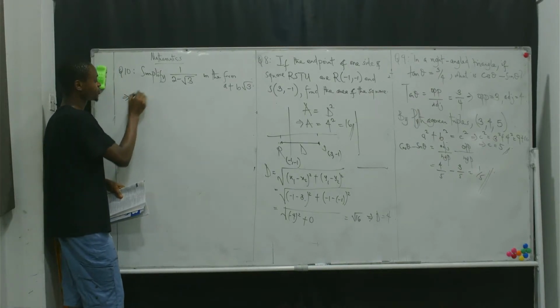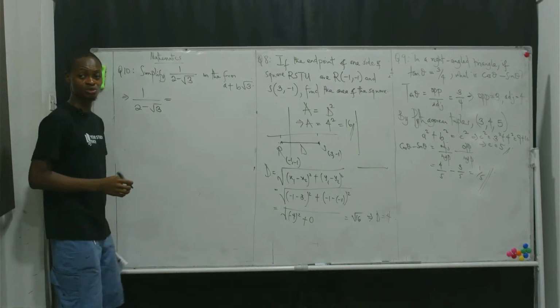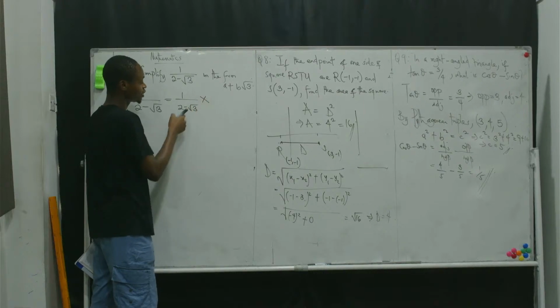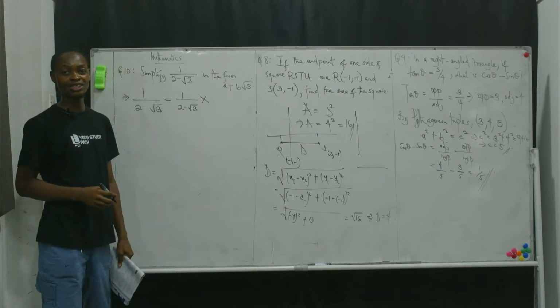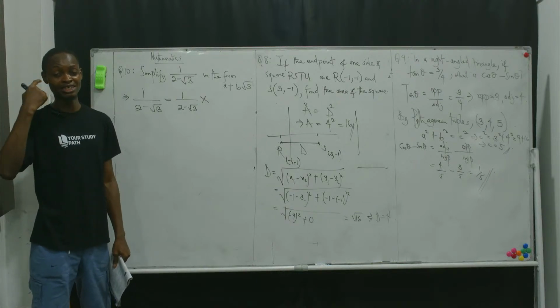Well, pretty simple. If you have 1 over 2 minus root 3, that is expressible as 1 over 2 minus root 3 times the conjugate of this denominator expressed as a fraction that gives you exactly 1.